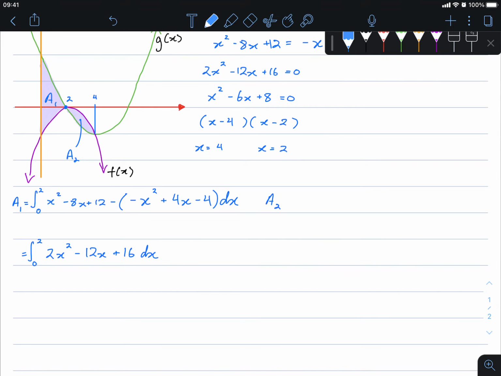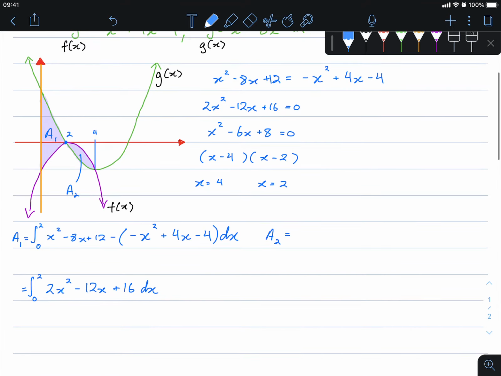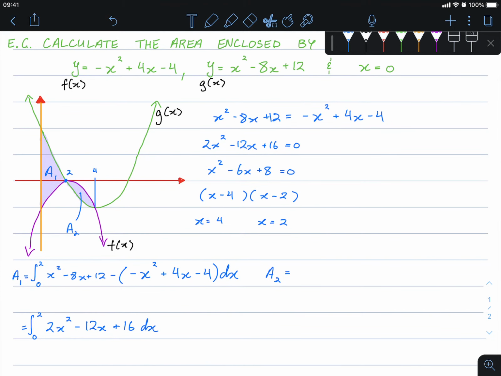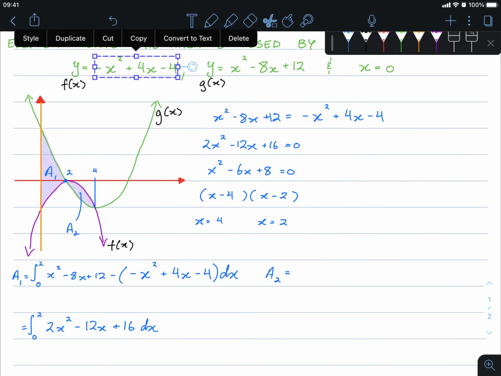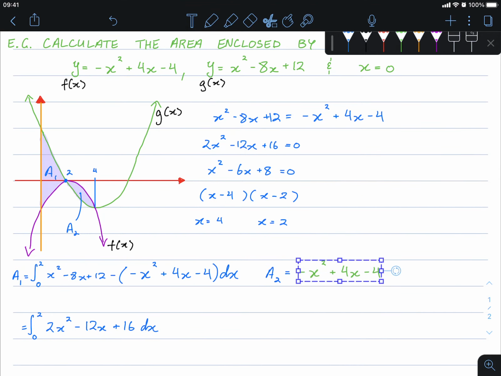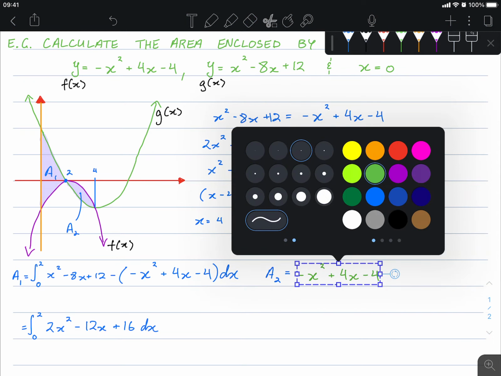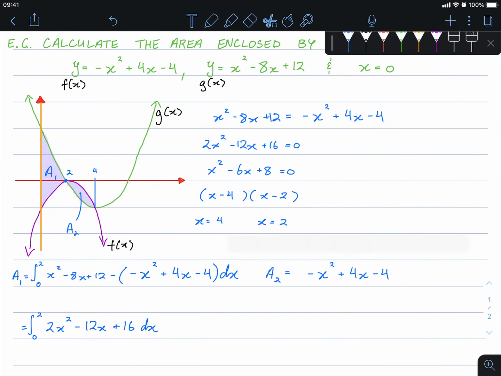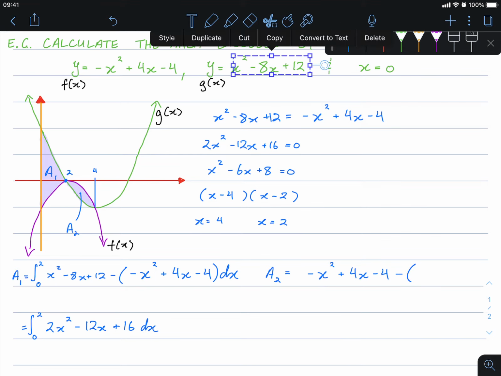easier part. And for area 2, it's going to be f of x minus g of x, because it's going to be this one, f of x minus g of x.